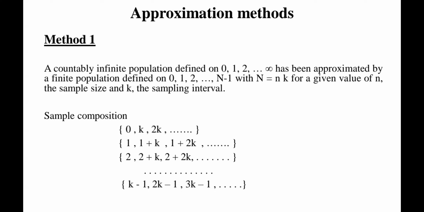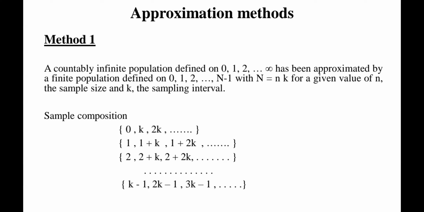Method 1 means how we approximate the infinite population: we just take a sample of the finite population. A countably infinite population defined on 0 to infinity has been approximated by a finite population defined on 0 to n minus 1. Since we need a population of size capital N, and our starting point is 0, we are restricting ourselves up to n minus 1. And in that case, that's how the samples look.